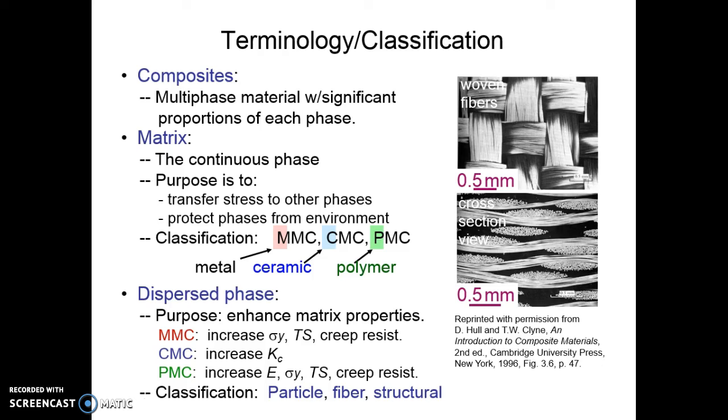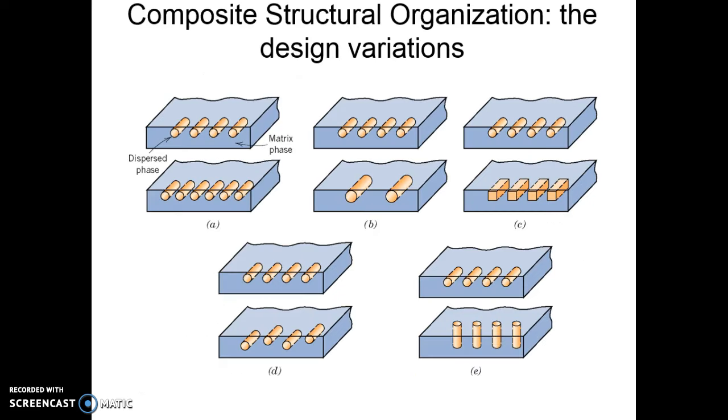In polymer matrix composites, Young's modulus, yield strength, tensile strength, and creep resistance can be increased. The dispersed phase can be classified as particle, fiber, or structural.